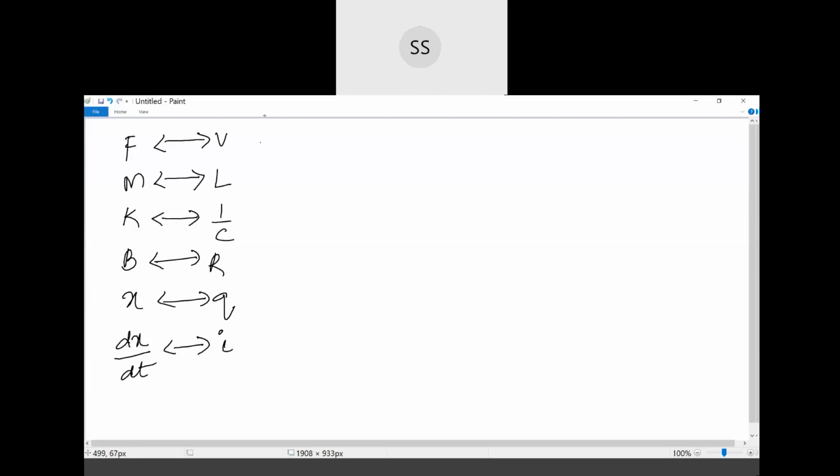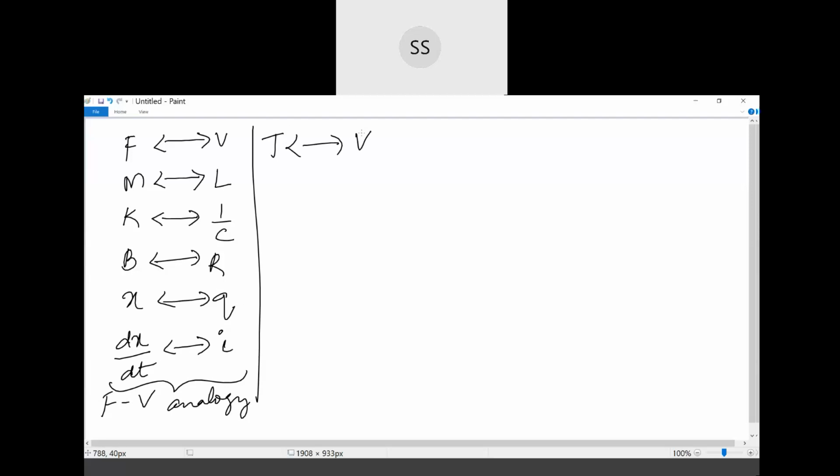Similarly, we can write this even for the torque. So this is called as what? Force voltage analogy, or FV analogy. When we write for the torque systems, that is rotational systems, torque is analogous to voltage. Then J is analogous to L. Then K, that is the torsional spring constant, is analogous to 1 by C. Friction B is analogous to resistance R. Then in place of X, what do we have in rotational systems?